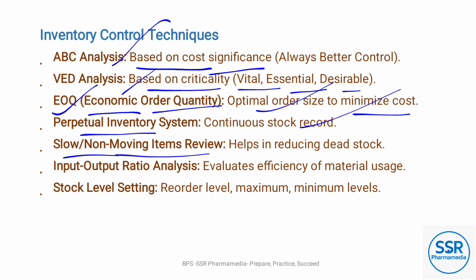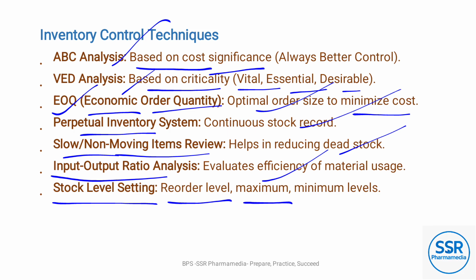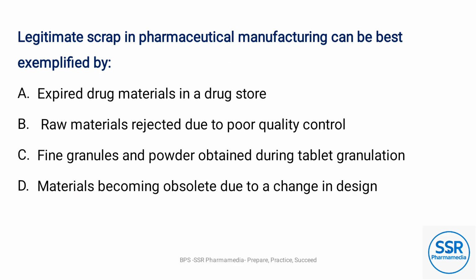Slow and non-moving items review helps in reducing dead stock. Input output ratio analysis, evaluate efficiency of material usage. Stock level settings: reorder level, maximum order level, minimum order level. So these are all very important techniques. You have to concentrate on this for many competitive exams.